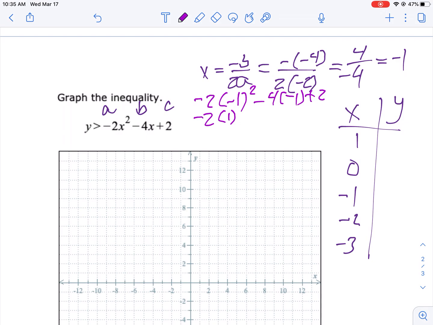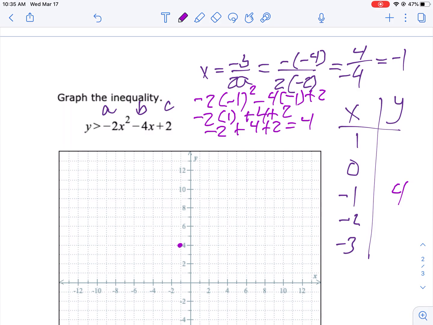A negative times a negative is a positive 4 plus 2. So we have negative 2 plus 4 plus 2. Well, that's 4. So when x is negative 1, y is going to be positive 4. I don't know why I put a negative there. So that's going to be our vertex. At negative 1, I'm going to be up 4.